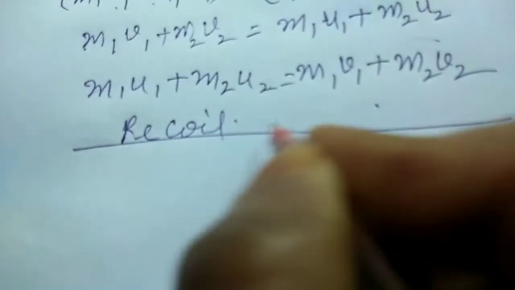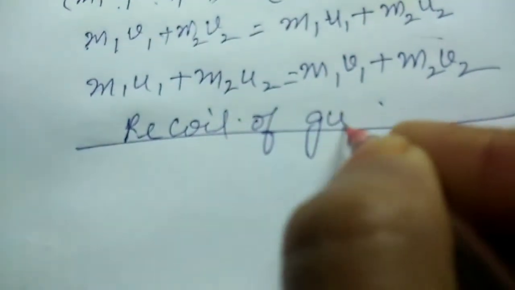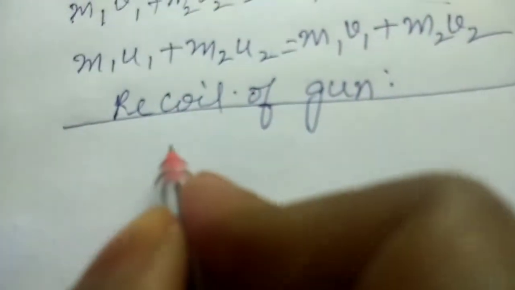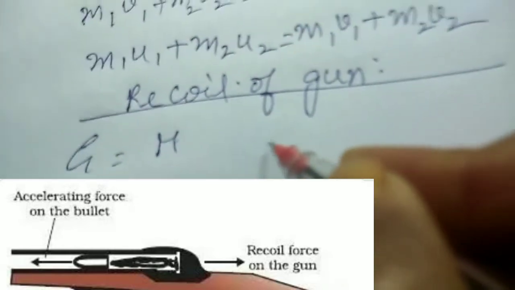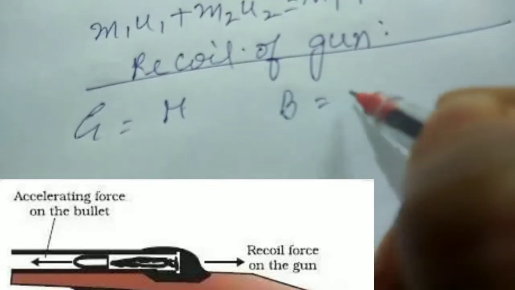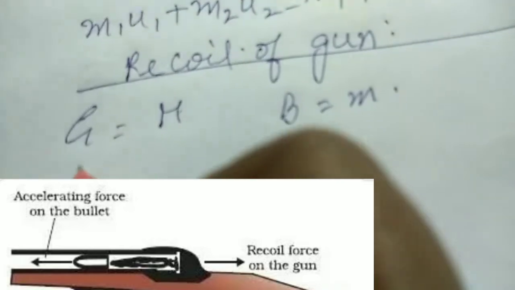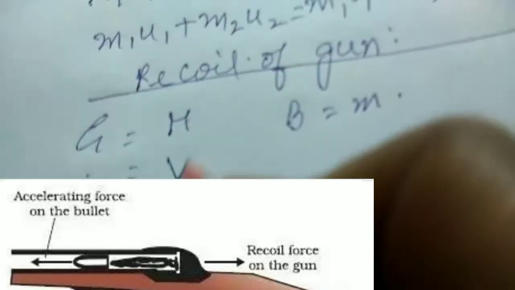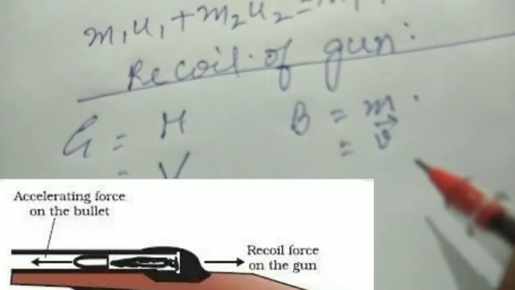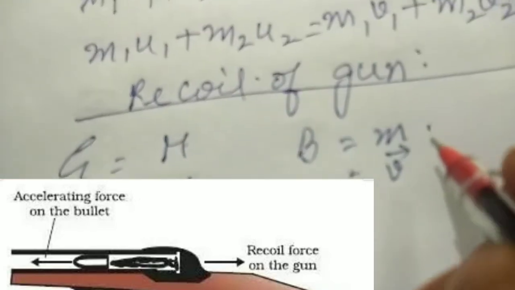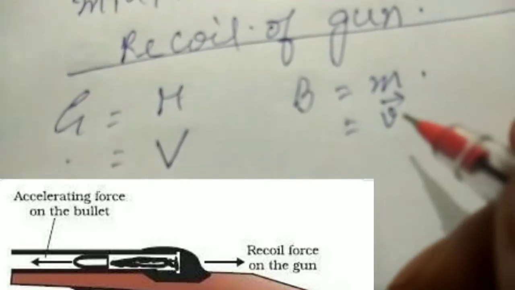Now the last one is known as recoil of a gun. Consider the mass of the gun is M, mass of the bullet is small m, velocity of the gun is V, velocity of the bullet is v. Before and after collision we are saying.